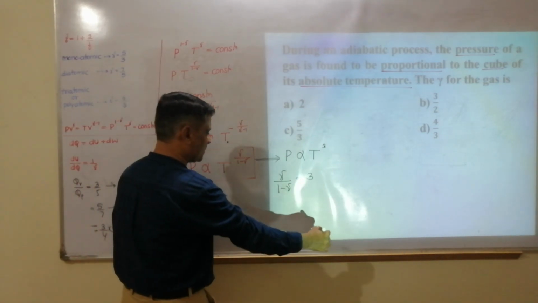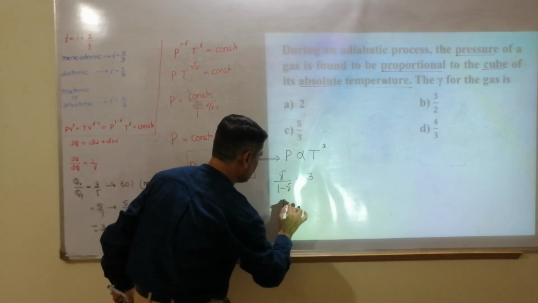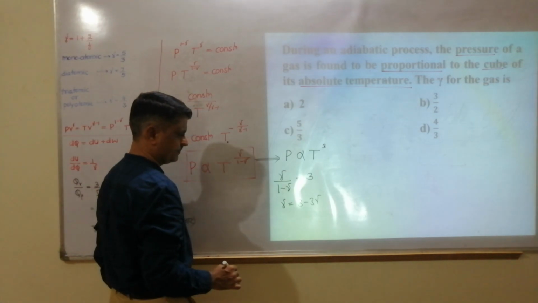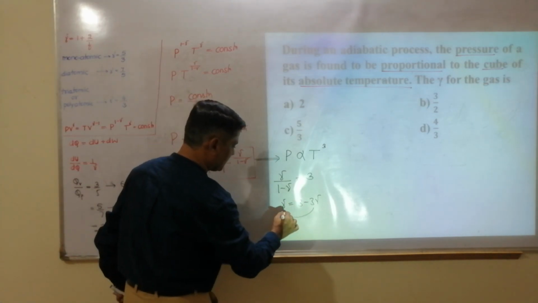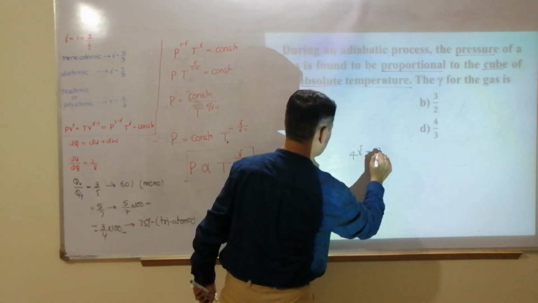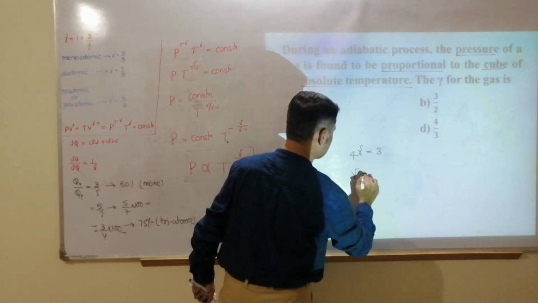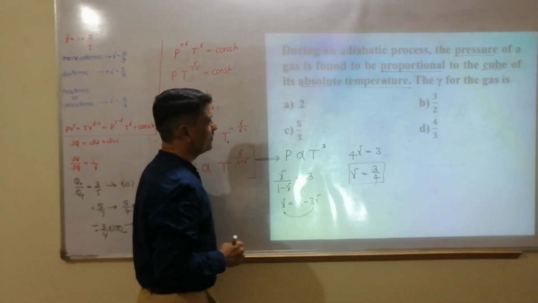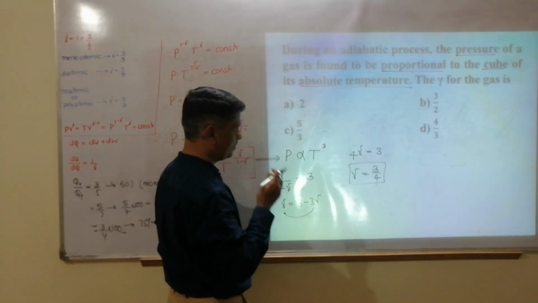Simplify, you can get your answer. That is gamma is equal to 3 minus 3 gamma. Okay, if I take it this side, it will be 4 gamma is equal to 3, or gamma is equal to 3 by 4. Where is 3 by 4?